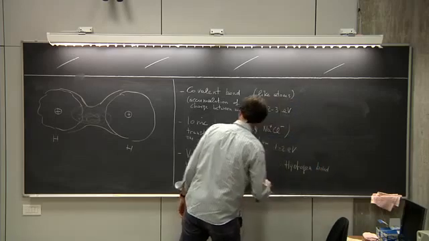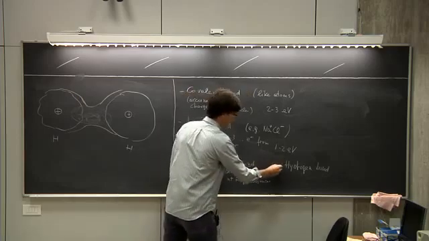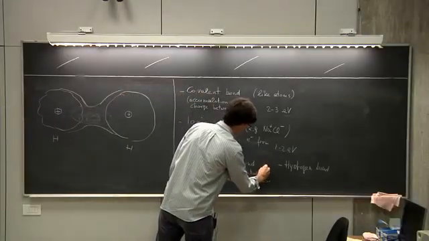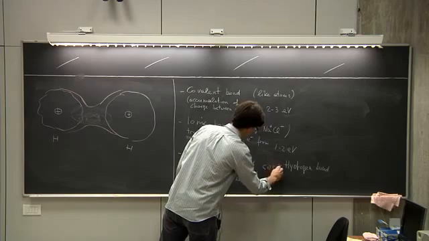The hydrogen bond is a bond that is very peculiar. It's, yes? How much is the energy in van der Waals? Oh, van der Waals bonds, it can be typically of the order of less than 0.5 electron volts, let's say.